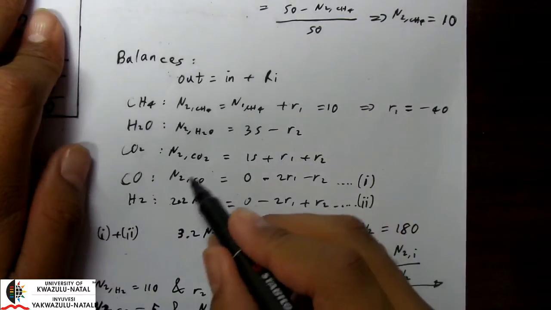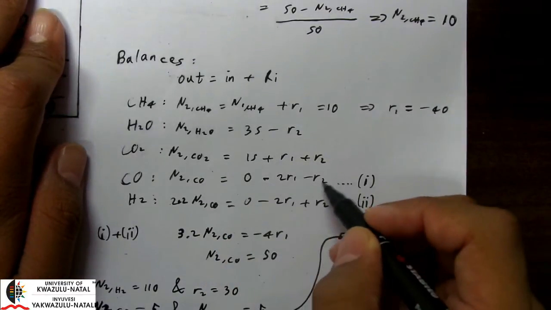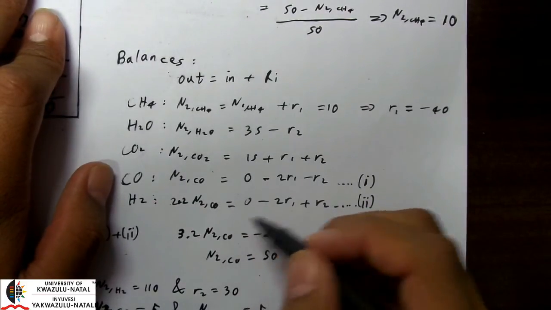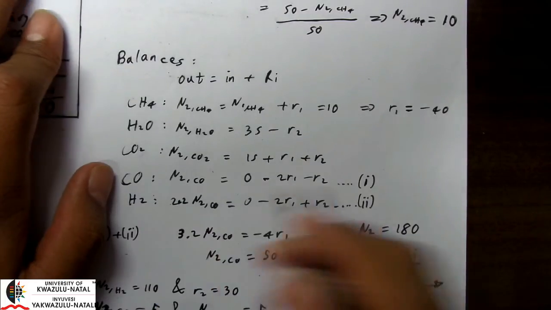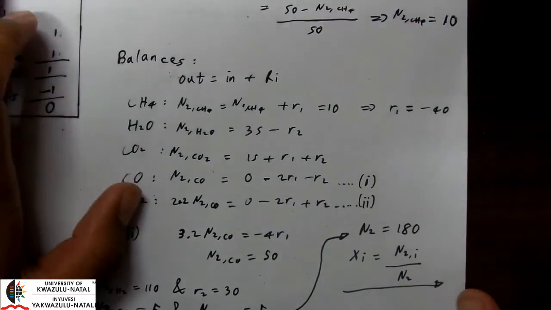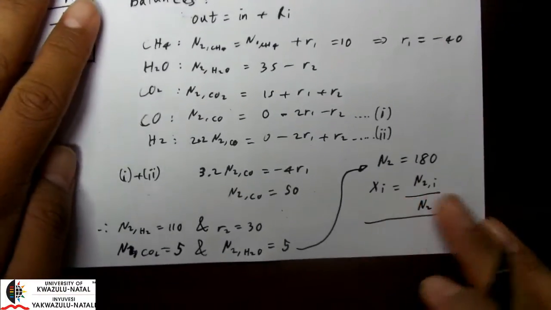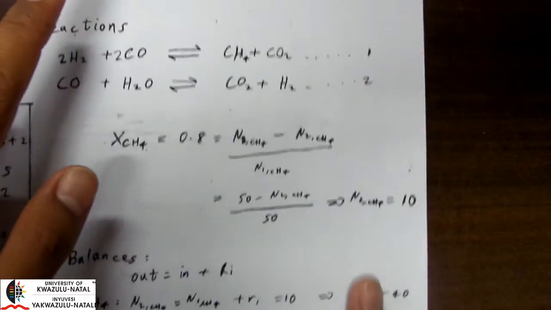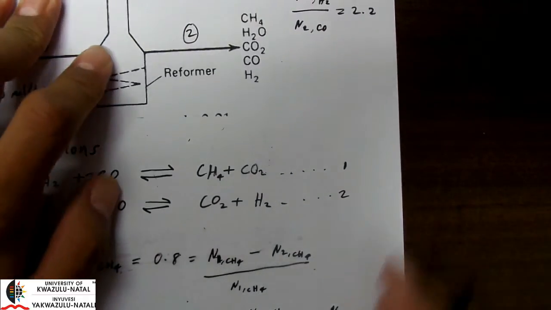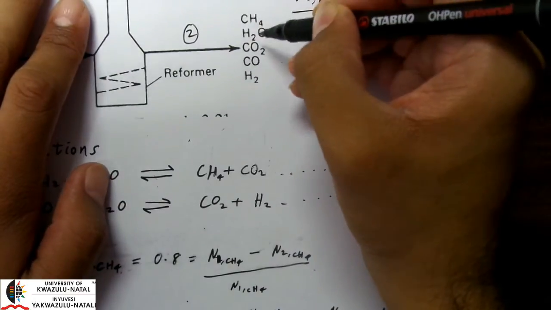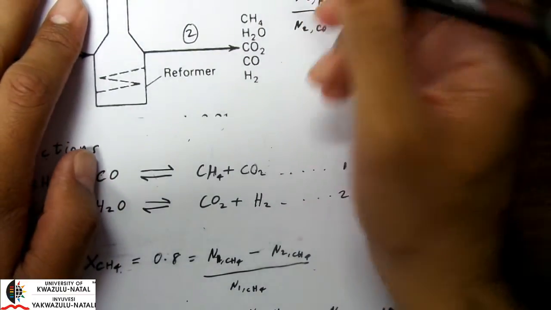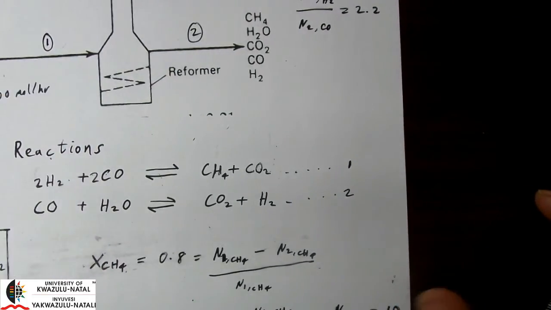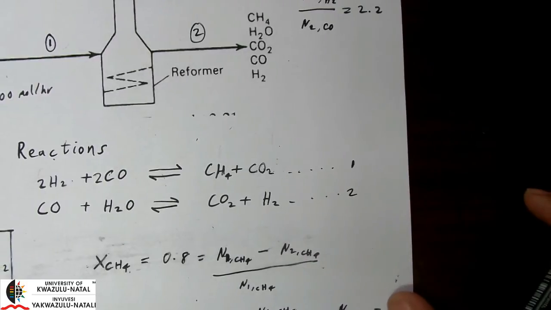And once I have obtained N2 of CO, I can obtain R2 and N2 of hydrogen. Okay, because I have the subsidiary relation. And ultimately I can get the species flow rate for the entire output stream. Once I have all of the species flow rates and of course the total flow rate, I can easily obtain the composition. And so this problem will be solved.